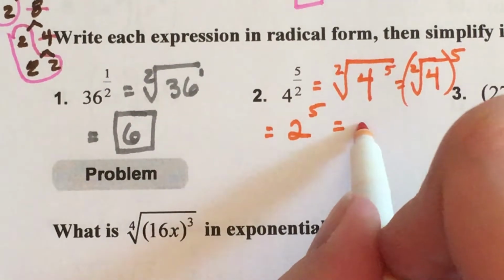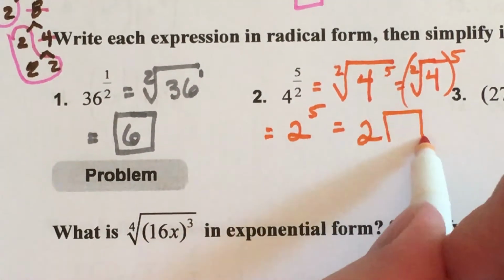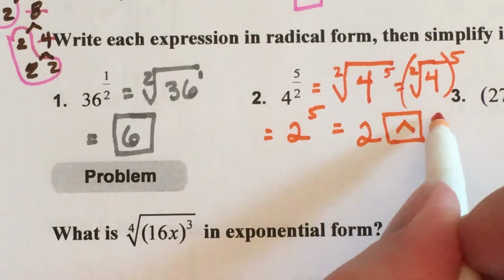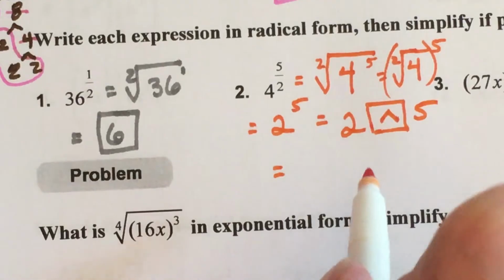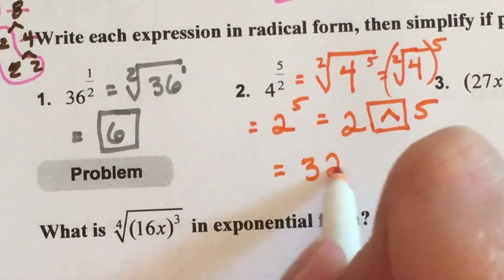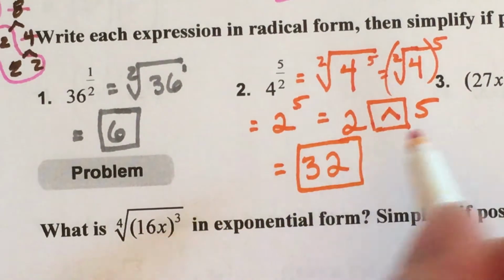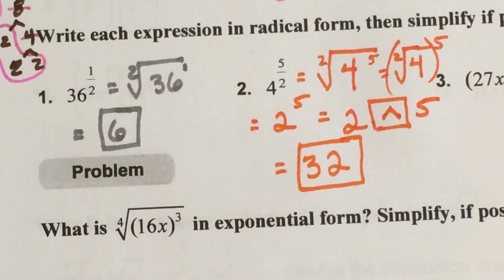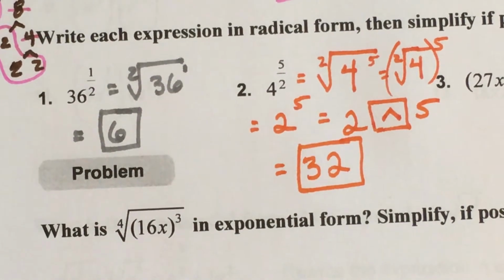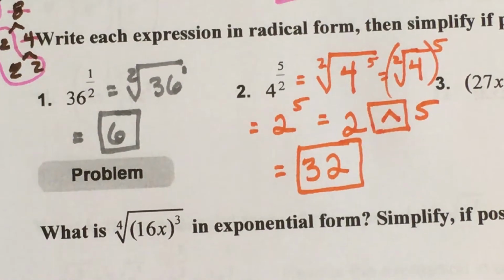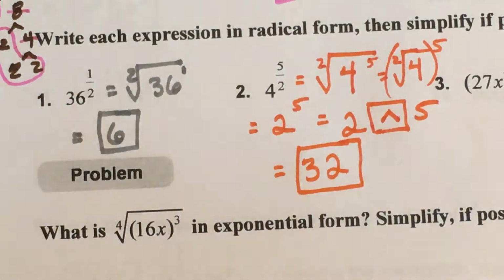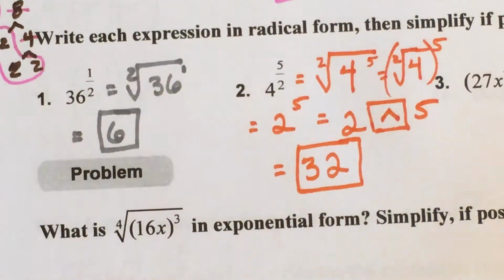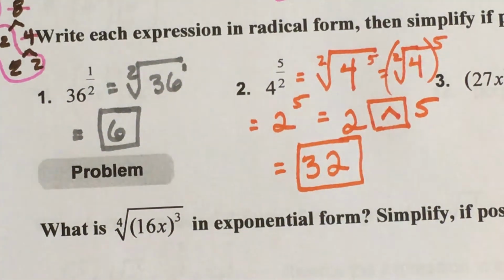But if not, remember in your calculator we can practice using your caret. And what does this equal? 32. Good. All right, I want you to pause the video and do number 3 and number 4. Come ask me if you need some help.